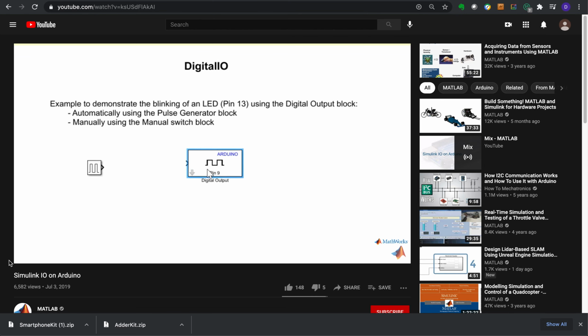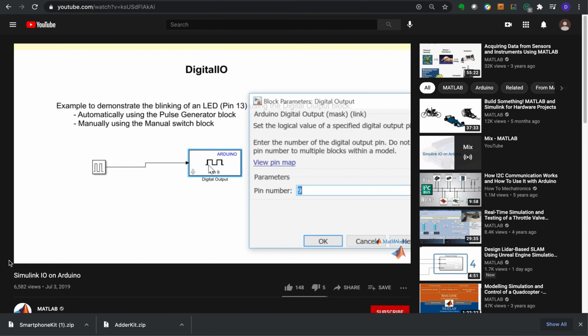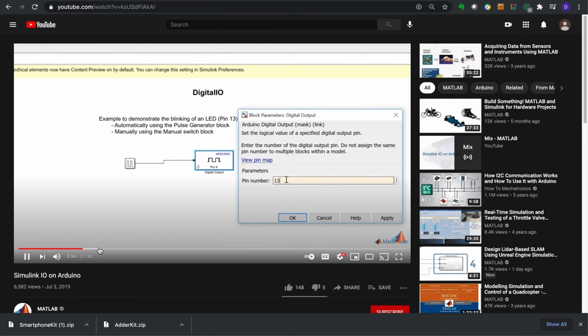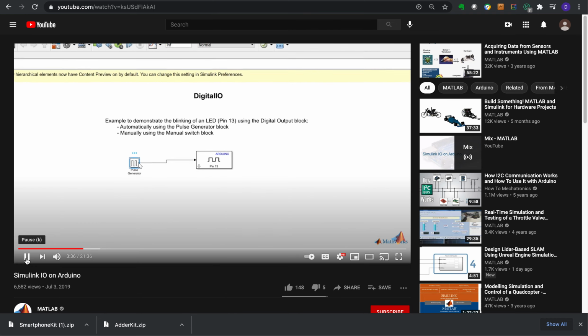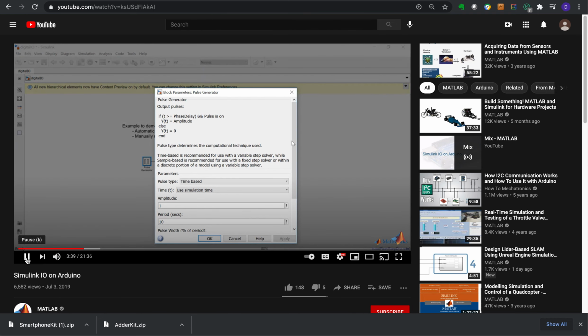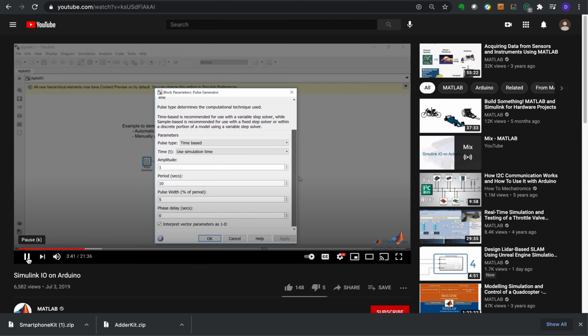Connect these two. Set the pin number in the digital output block to 13, since that is the LED on this board. You can also go to the pulse generator block and set the various parameters. Now 50% pulse width would mean that it's on, in this case, for 3 seconds and off for 3 seconds. But you can set that to whatever you want.